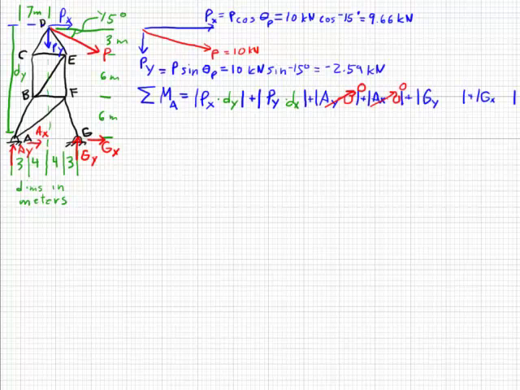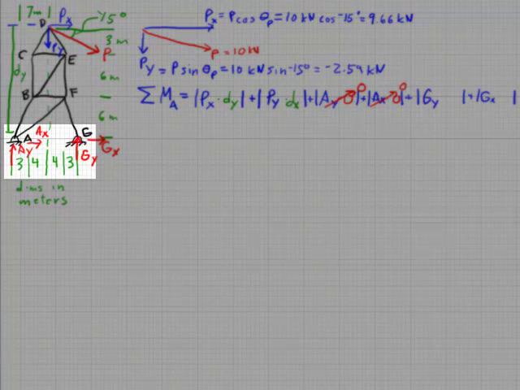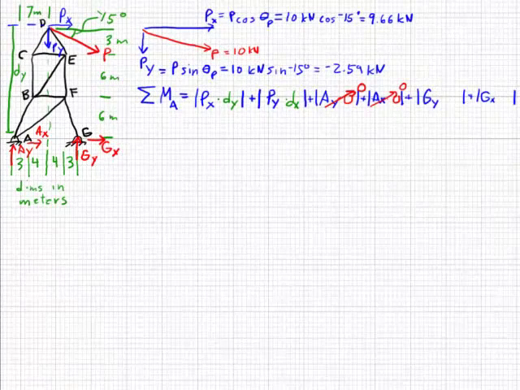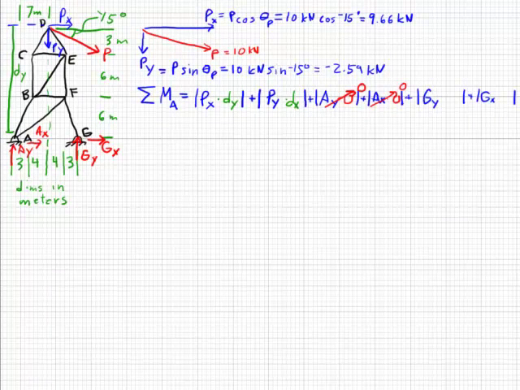GY is a vertical force, so we need to find its horizontal distance from here to here. From G to A is, just add these up, 3 plus 4 plus 4 plus 3 meters makes it 14 meters.